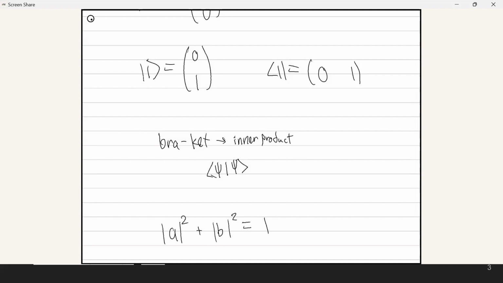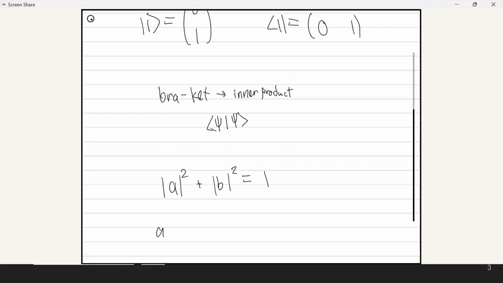Right, yeah. So A and B are actually complex numbers. So A is equal to x plus i y. That might be confusing, but it's good to know. If you don't know too much about it, don't worry too much about it.